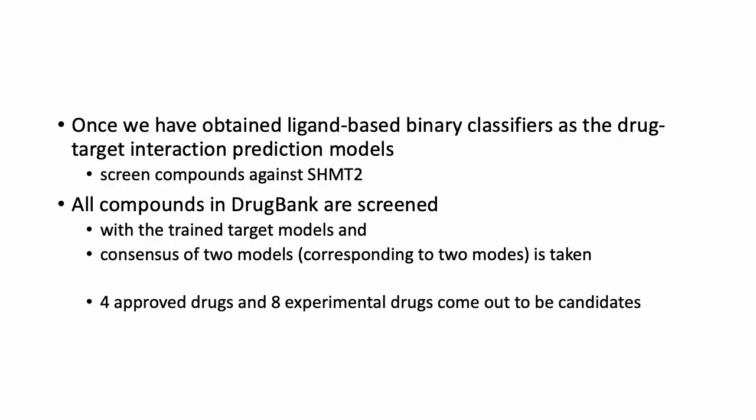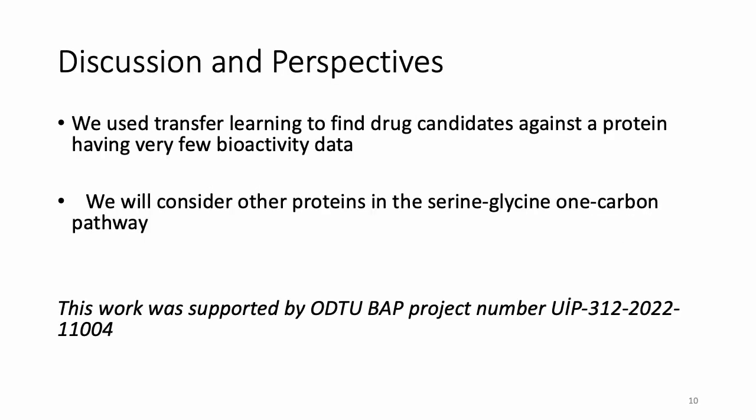Once we have obtained the ligand-based binary classifiers, we screen the compounds from DrugBank against SHMT2 by using the trained target models, and we took the consensus of the two models, and we found 4 approved drugs and 8 experimental drugs to be candidates against SHMT2.